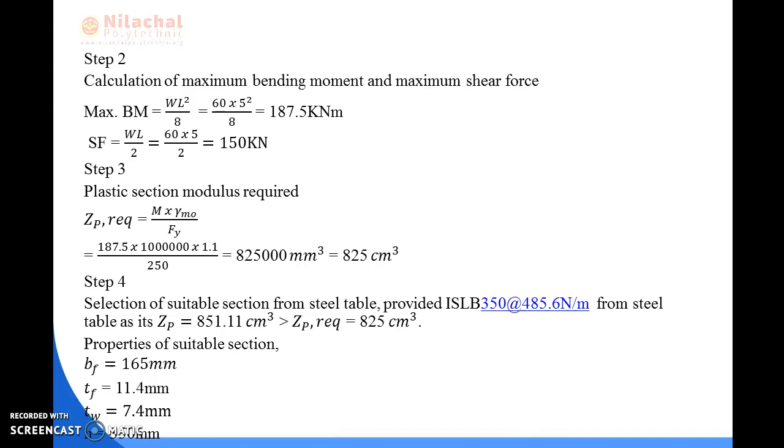The maximum bending moment is WL square by 8, where W is the total factored load coming on the beam and L is given.